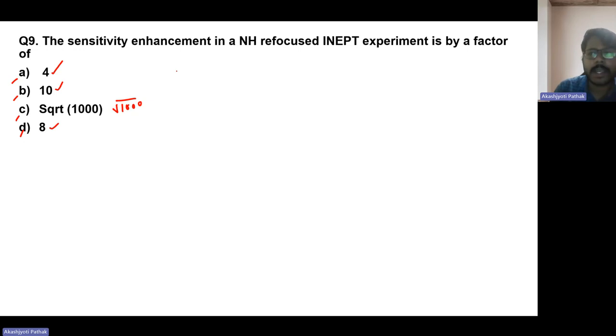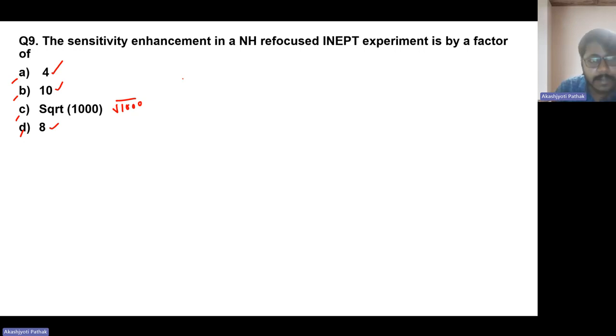The difference between the lower spin state and the higher spin state is very small, and the population difference is also very small. Because of this Boltzmann distribution, the population difference between the lower energy spin state and the higher energy spin state is small, making NMR a less sensitive technique.